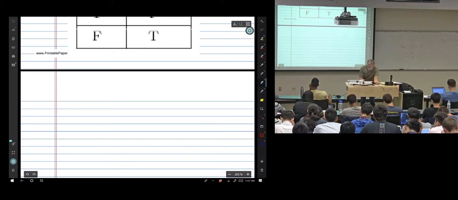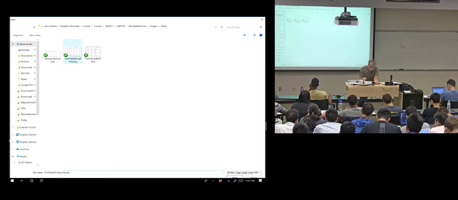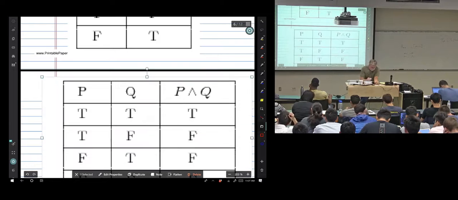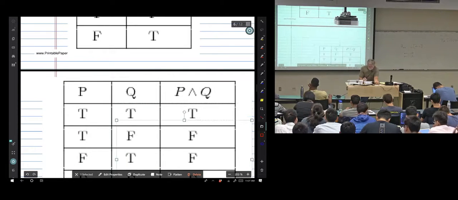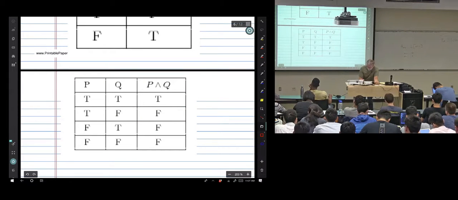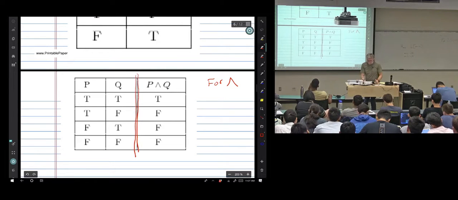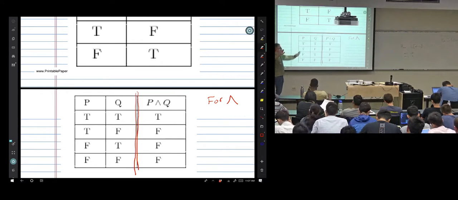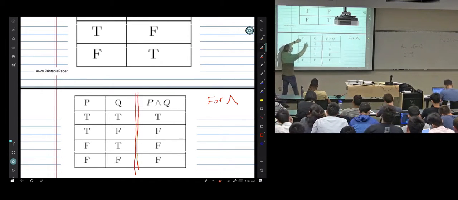Let me do another one. So this is the truth table for the AND operation.